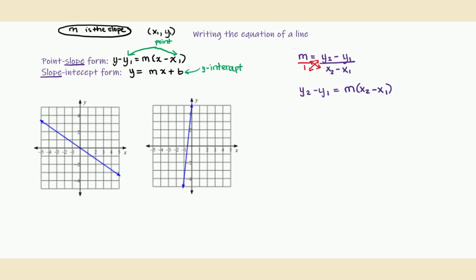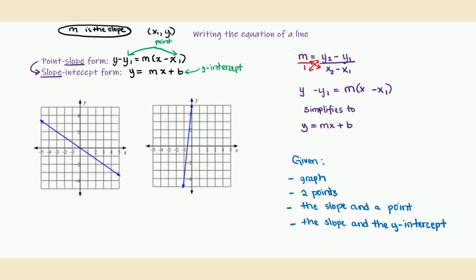So really, the slope is important because that is how we actually derive our point-slope formula. So if we compare these two, we see that they are the same. And in fact, the point-slope form simplifies to the slope-intercept form of the equation of the line.